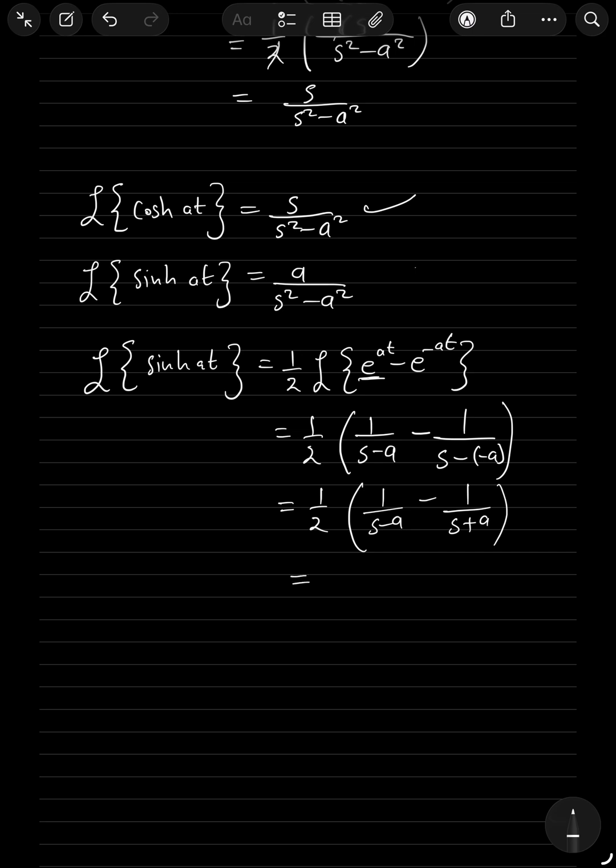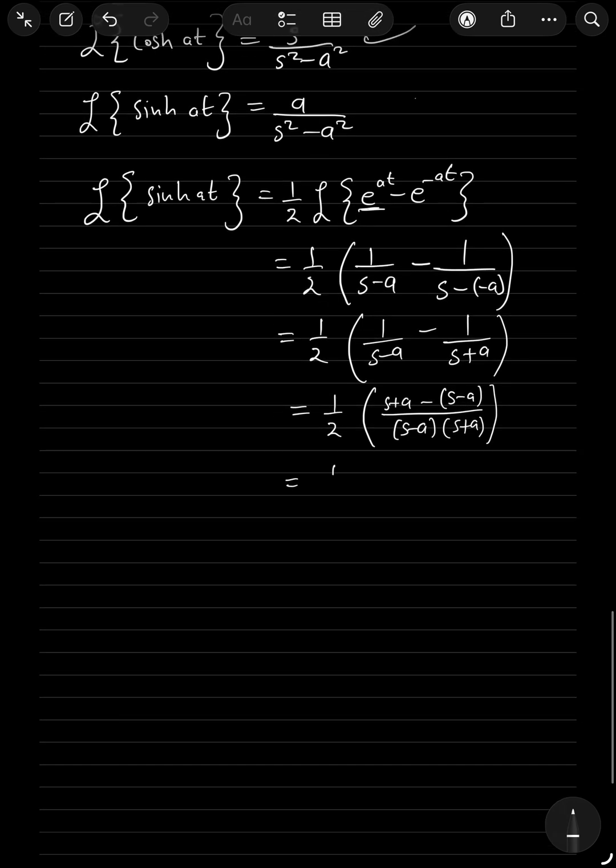So if you combine these two functions, we are going to have s plus a minus s minus a, right, over s minus a times s plus a, isn't it? And this is going to be half.